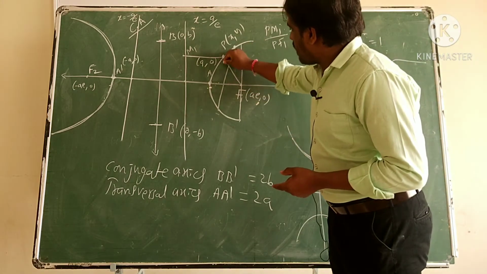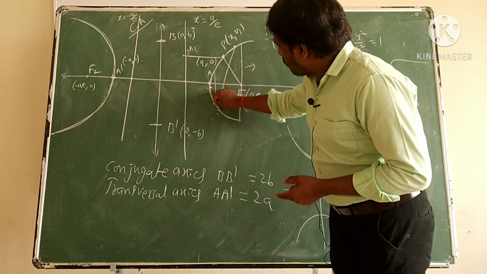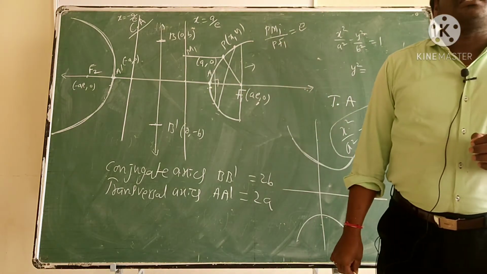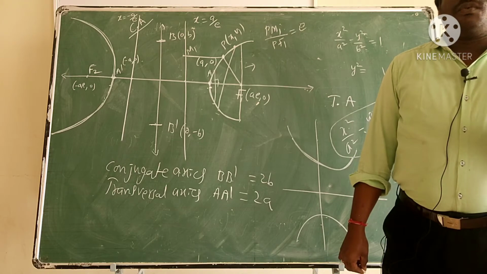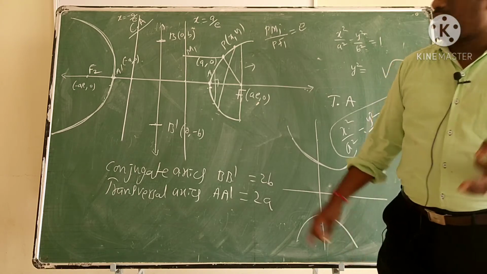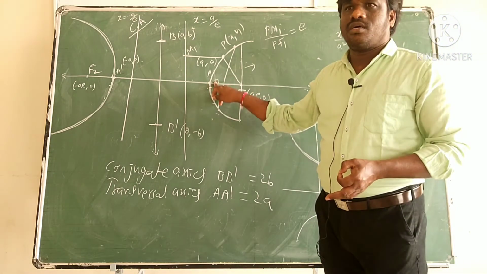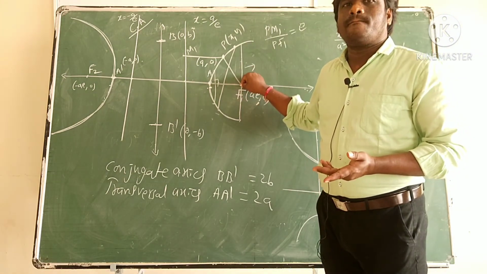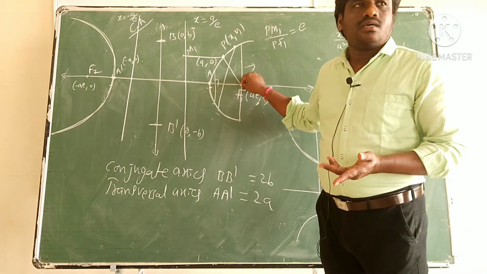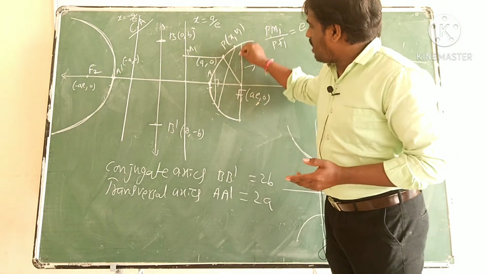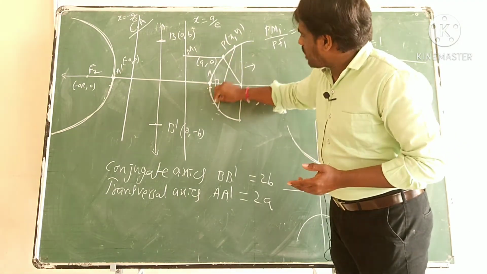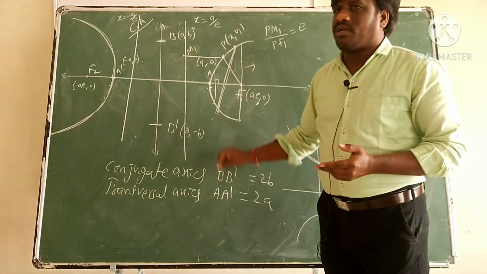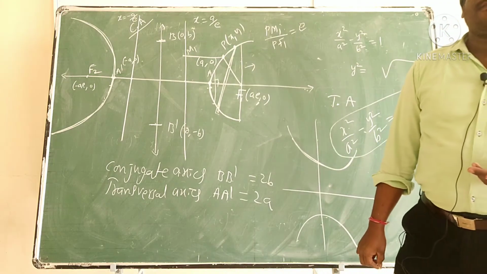And if it is anywhere and perpendicular, then it is called a double ordinate. This is a double ordinate, this is a focal chord. If the focal chord is passing through the focus perpendicularly, that is called the latus rectum. So there will be two types. If you join any 2 points here, you get a chord, and a chord passing through the focus is a focal chord.